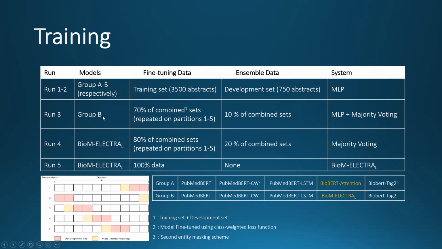For round 3, we use the models in group B, but this time we combine the training set and development set and create 5 partitions as you see at the left corner. We use 70% of this data to train individual models.